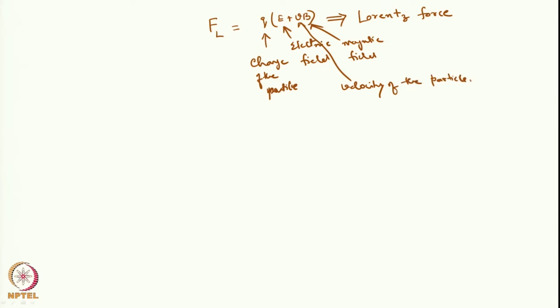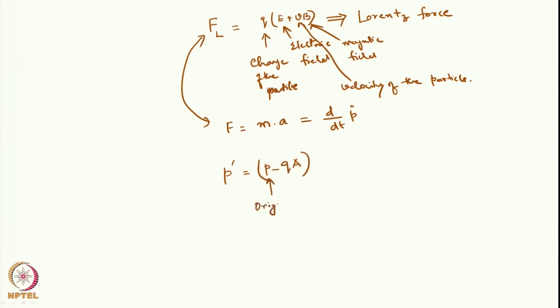In terms of classical mechanics, force is given as mass into acceleration, which could be written as d by dt of momentum. So, we use the analogy of this and converted the momentum: p prime is equal to p minus qA, where p is the original momentum and A is the vector potential.